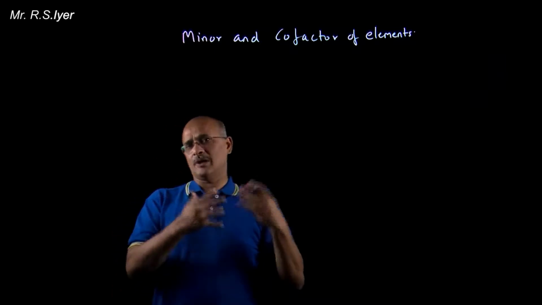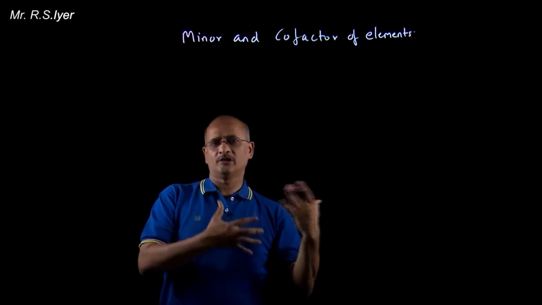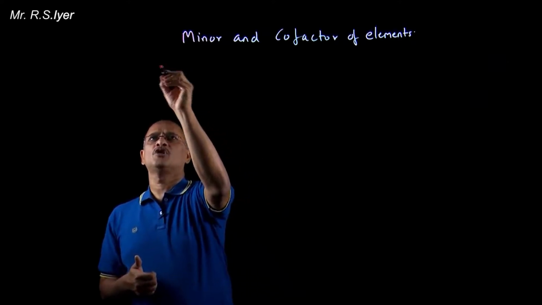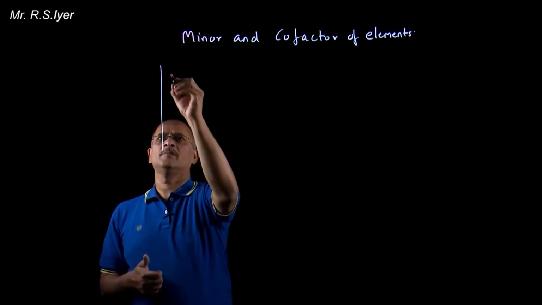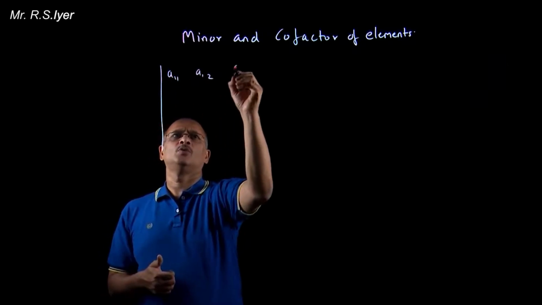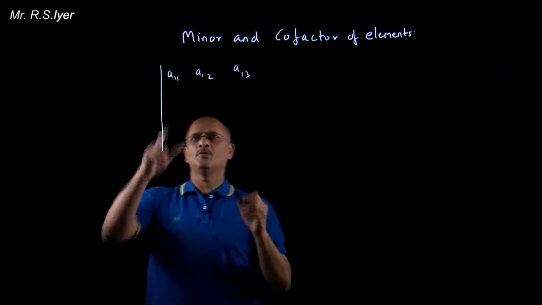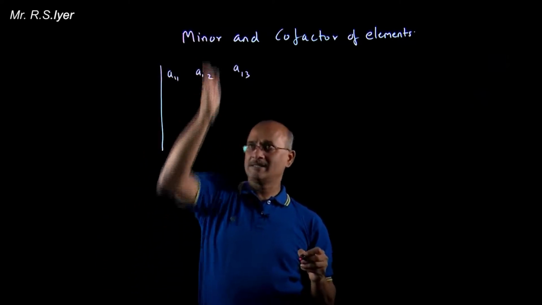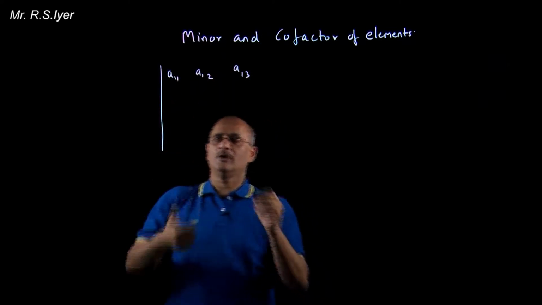So basically, before we proceed, I want to just educate you on this point. Now I am talking about an order 3 determinant. So let us take the position of the elements. Remember this is the first element, A11, A12, A13. So what does it mean? First row and first column, first row and second column, first row and third column.